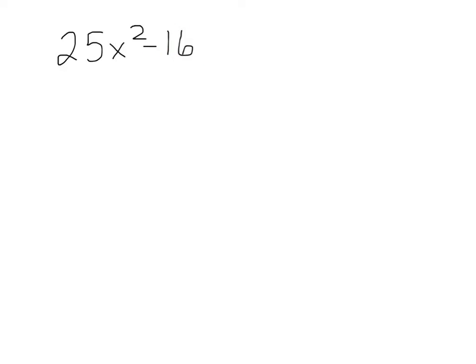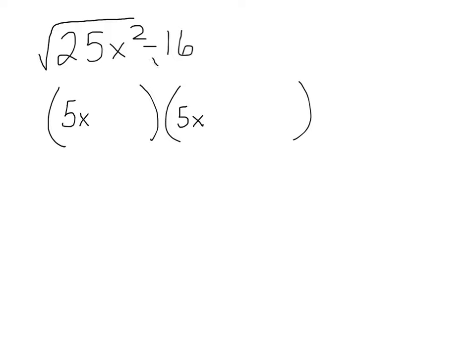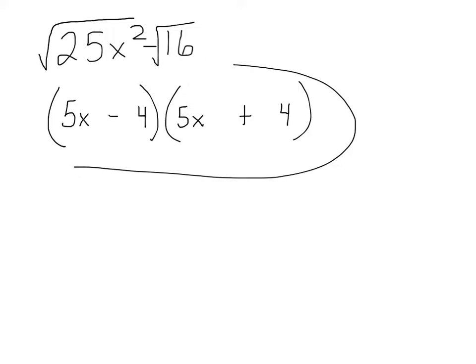Is there a minus sign in the middle? So this is a difference of squares. So I'm going to write two binomials. What is the square root of 25x squared? 5 what? Yep, so I'll put it here and here. What is the square root of 16? 4 and then I just put minus plus or plus minus. This is the answer right here.